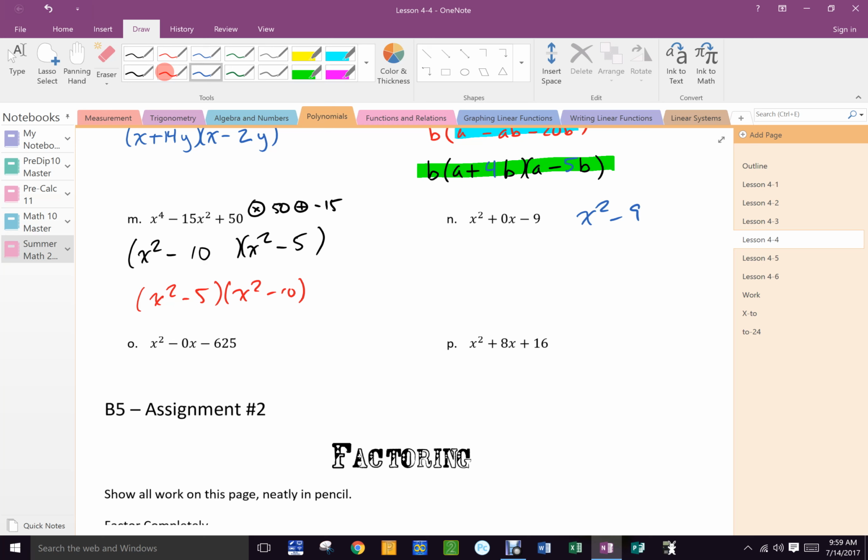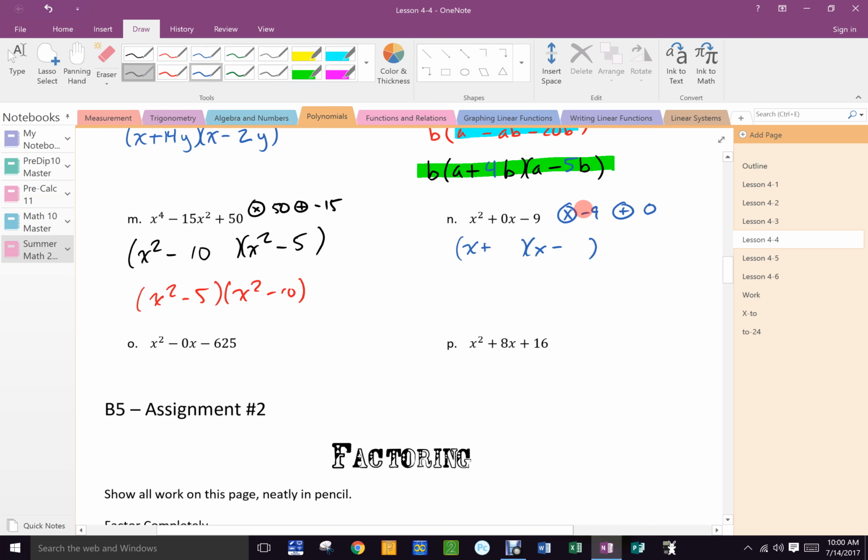But I need two numbers that will multiply to what and add to what here? It has to multiply to negative 9 and add to 0. What are they? X and X. Now, Brooklyn, is that a negative? So I must need plus and minus.